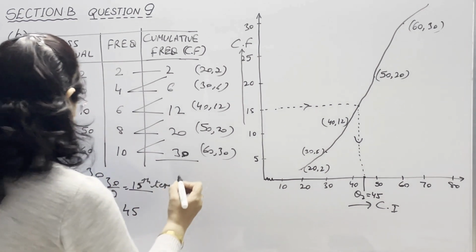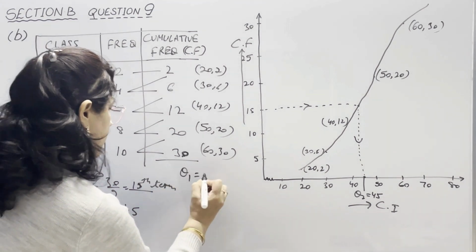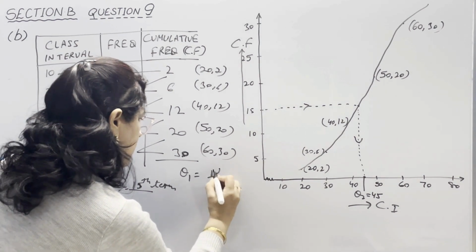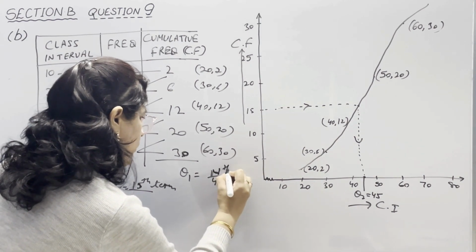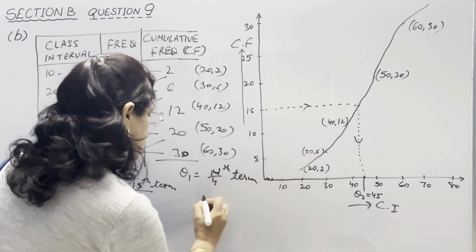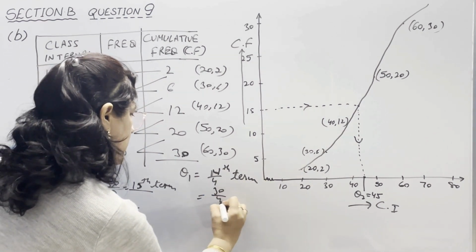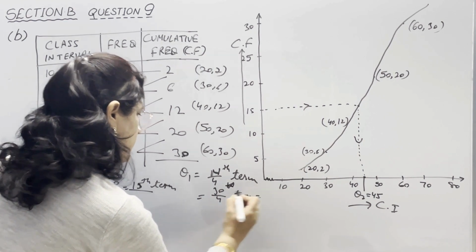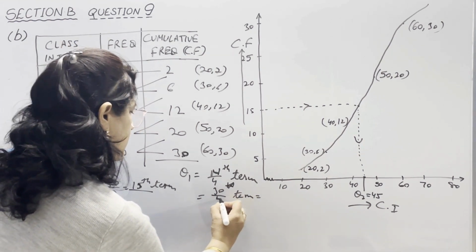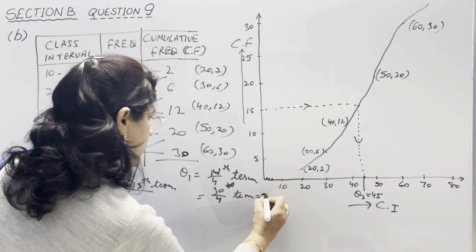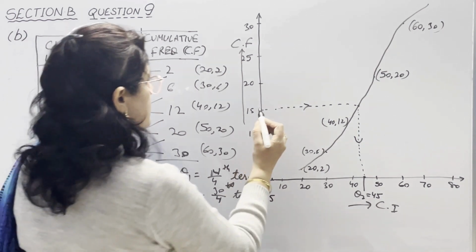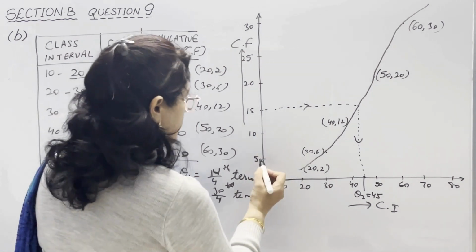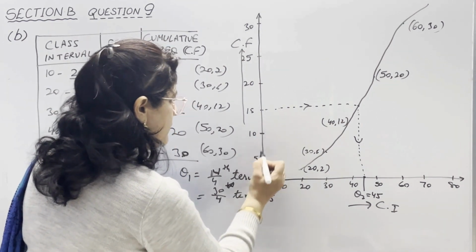Now Q1, the n by 4th term. N is 30, so 30 upon 4 means 7.5th term. Now for 7.5, we need to come on the graph between 5 and 10.